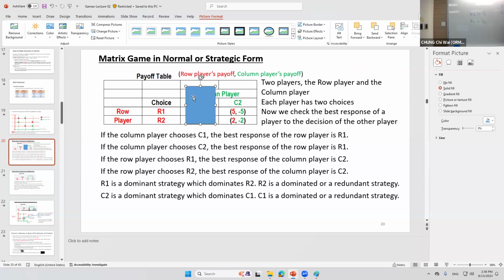From these two outcomes, we know that no matter whether the column player chooses C1 or C2, the row player will choose R1.